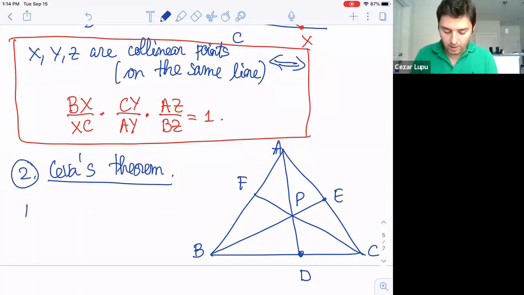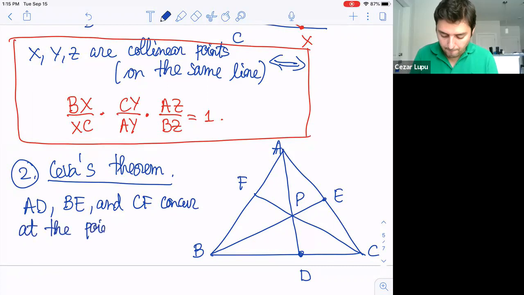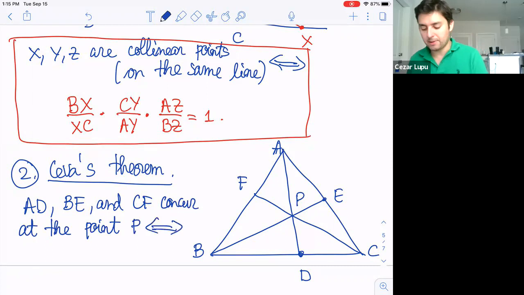And the theorem says the following: AD, BE, and CF concur at the point P if and only if, guess what happens?